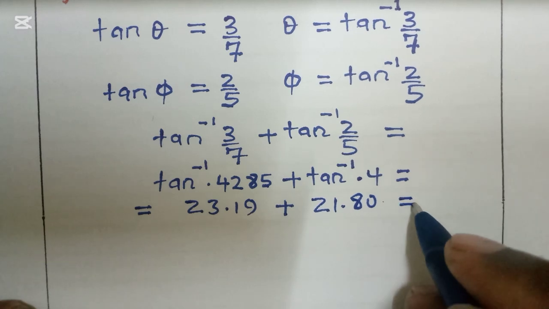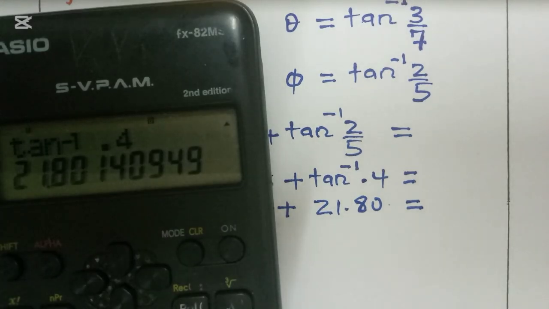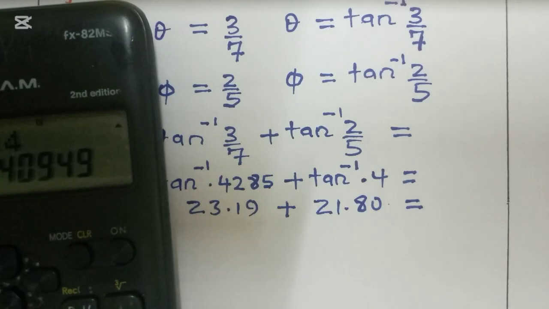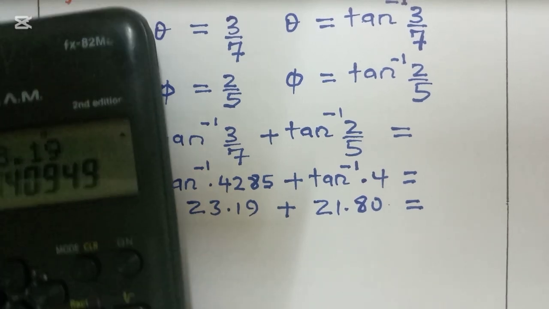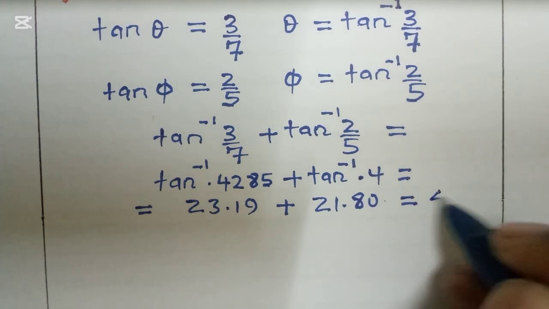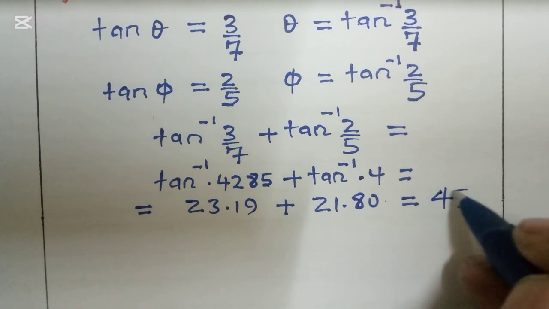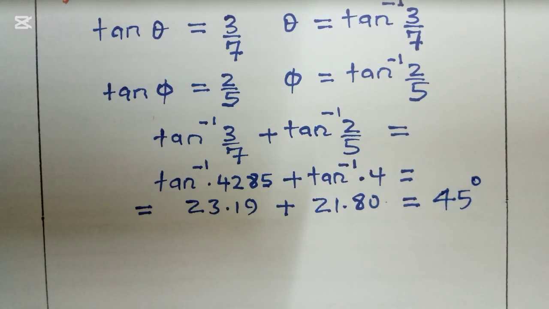So we have 21.80 plus 23.19, which gives us 44.99, approximately 45 degrees. So guys, this is our solution.